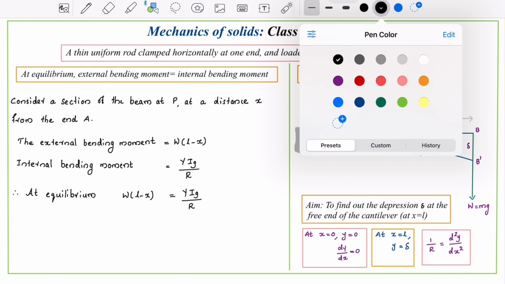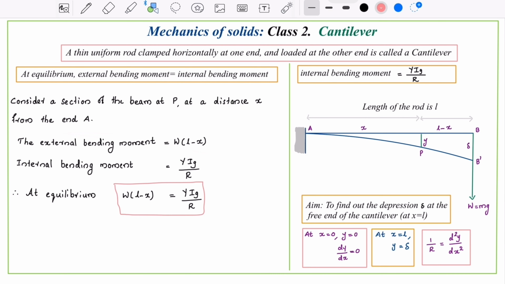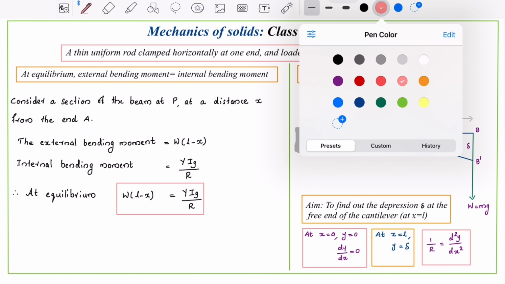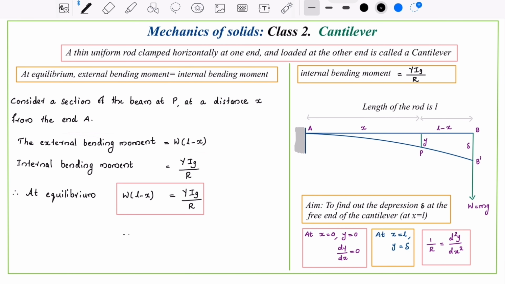So remember our aim, we have to find out the depression delta at the free end of the cantilever. From the equation, we can have 1 by R is equal to W into L minus x divided by Y into Ig, where R is the radius of curvature of the neutral axis when it undergoes bending.